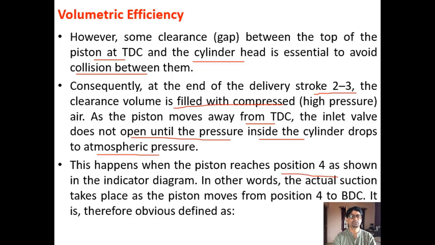So at 4 the inlet valve will open as shown in the indicator diagram in the previous slide. In other words, the actual suction takes place as the piston moves from position 4 to BDC, that is 4 to 1. So the actual suction begins from 4 and ends at 1, which is the BDC.